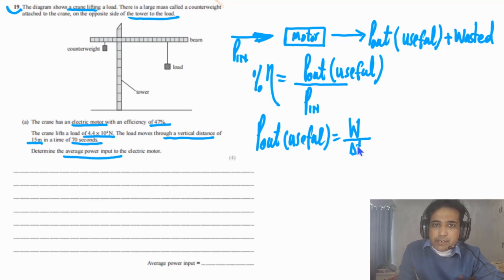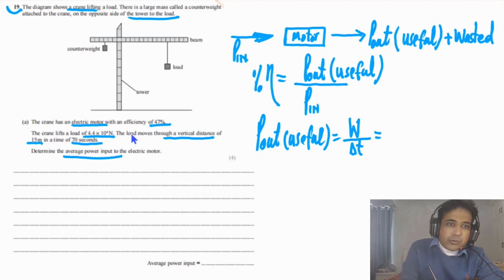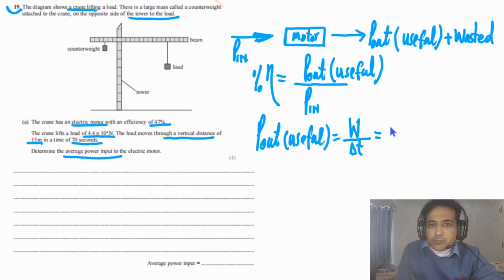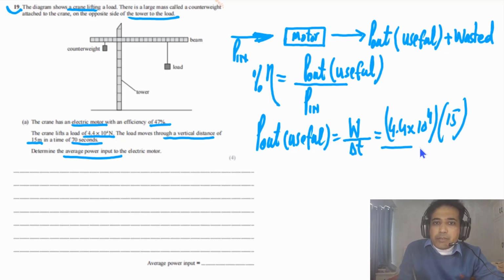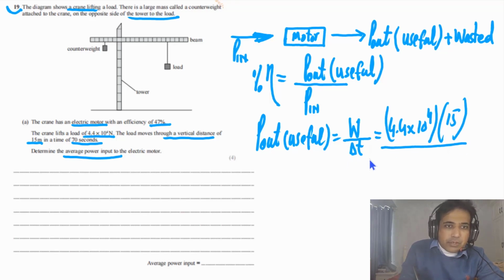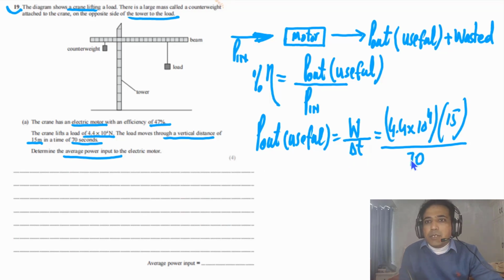So we can say delta T, and work done will be equal to force times distance, and the force we have, 4.4 times 10 to 4, is equal to the weight of the load. So this is the force, and the distance we have is 15 meters, divided by time taken. Time taken in this case is 70 seconds. So we can calculate the value of P out.